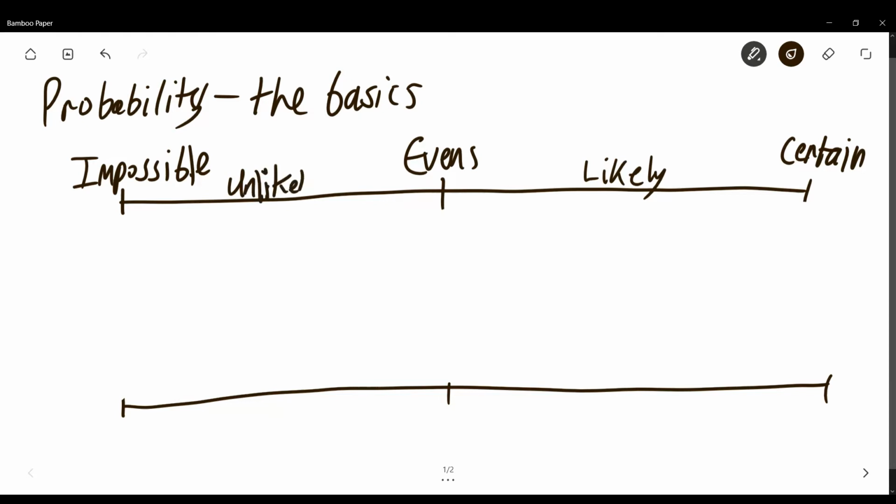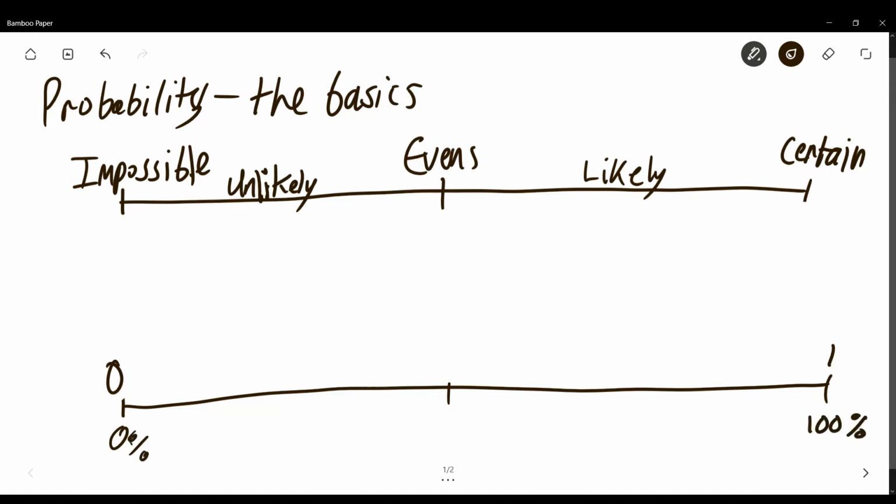Unlikely to happen. Now that can be anywhere from just above 0 all the way up to just before 0.5. And anything between 0.5 and 1 is going to be likely, okay? So 0 is impossible, 1 is certain. Or, as a percentage, 0% or 100%.